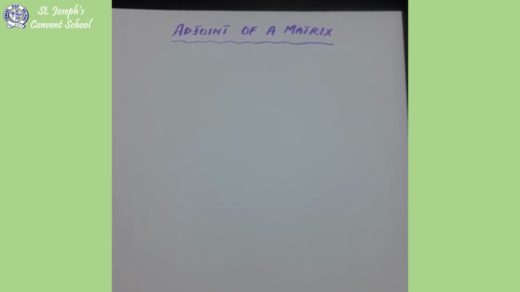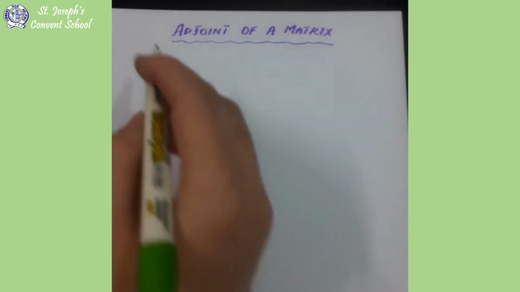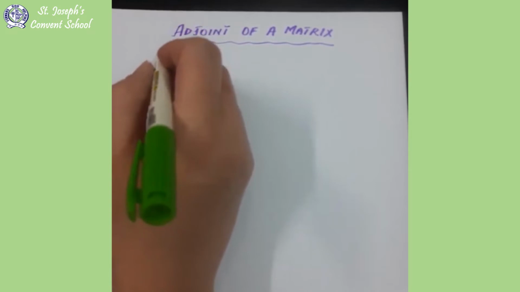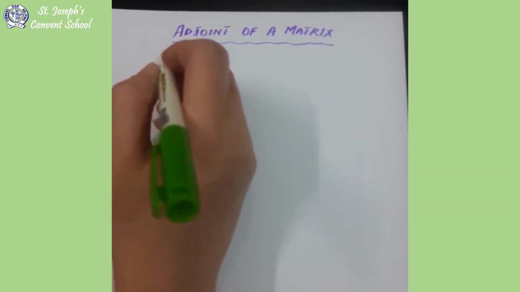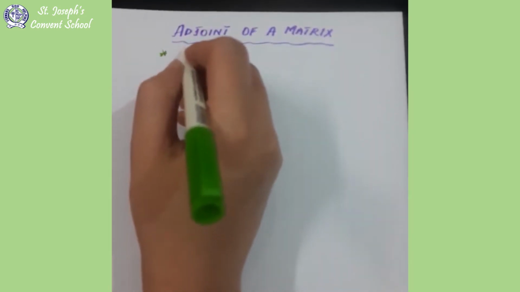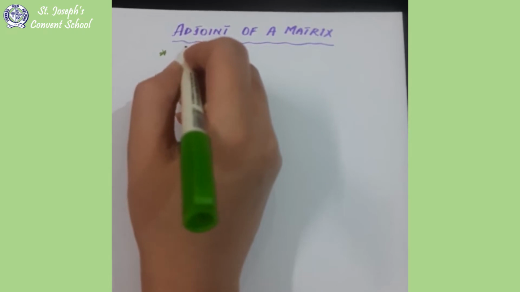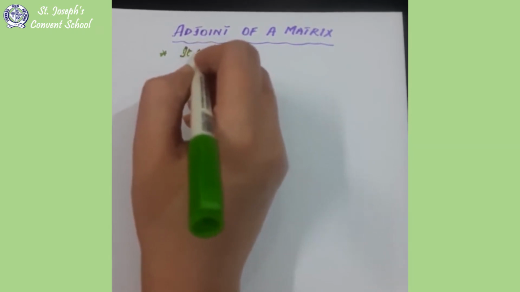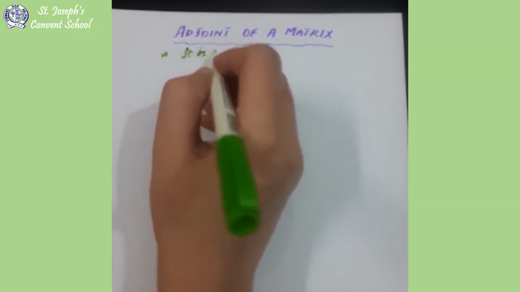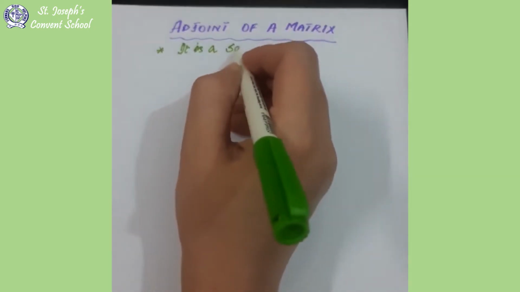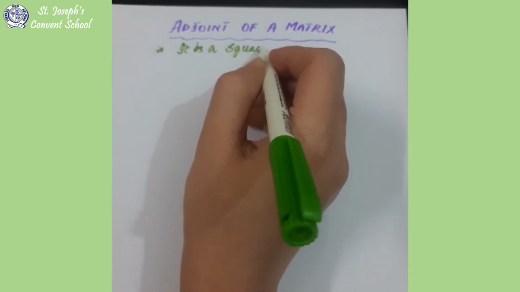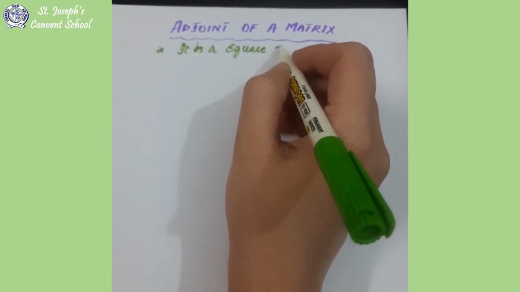Adjoint of a matrix, what it is. Adjoint you can always find of a square matrix. Adjoint matrix is always a square matrix.